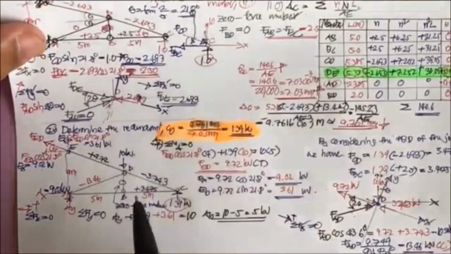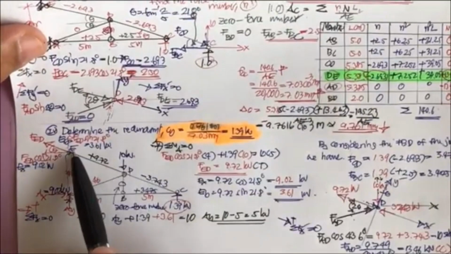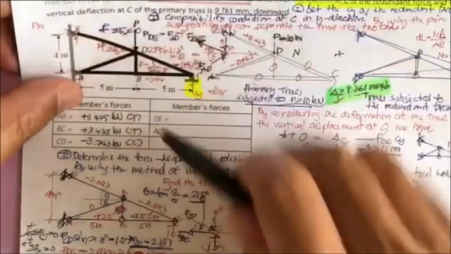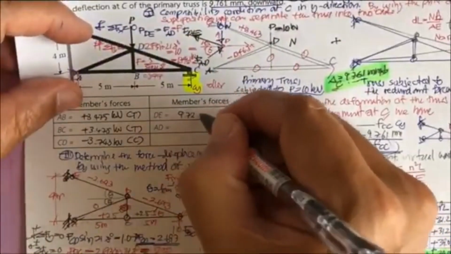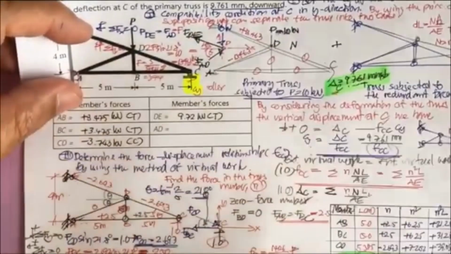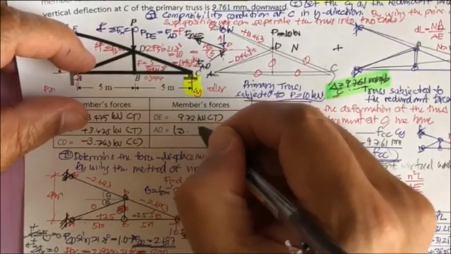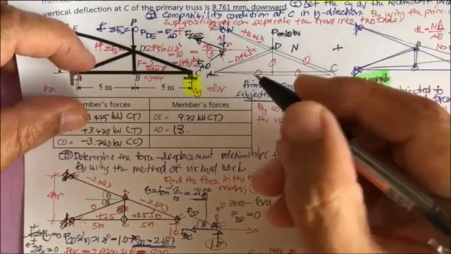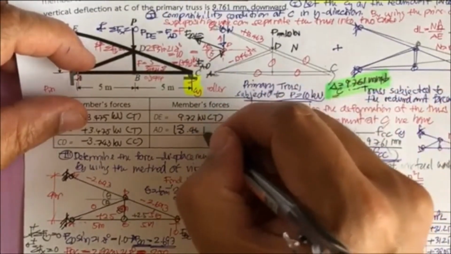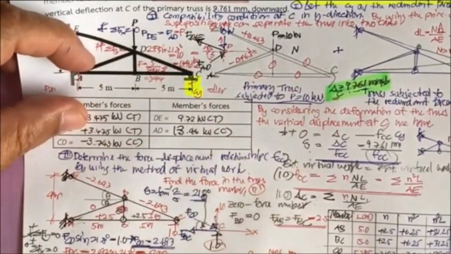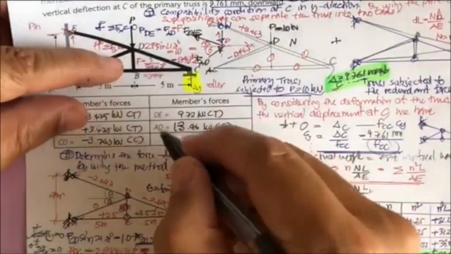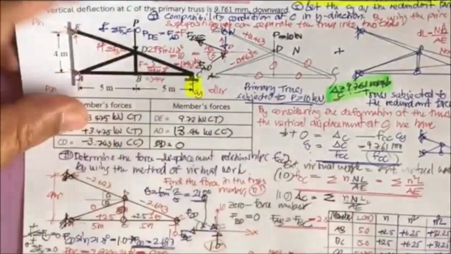And DE, we know that 9.72, this is 9.72 kilonewton in tension. AD we just finished is 13.46 kilonewton, that is in compression. And the last one, for the BD, is 0.